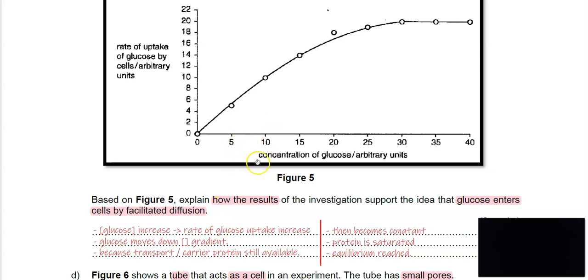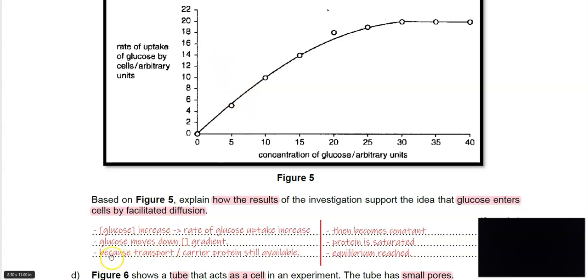Outside of the cell there is a high concentration of glucose, so this causes the glucose to enter the cell from high to low, from high concentration outside to low concentration inside the cell. This increases the concentration of glucose inside the cell.